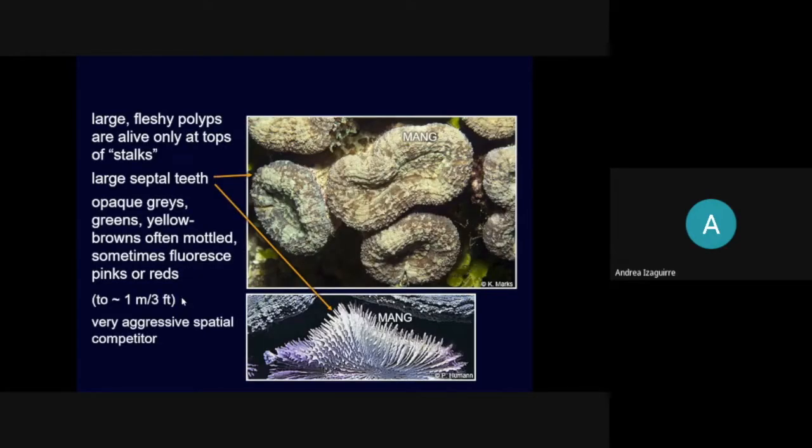Okay, now we are going to look at our Mycetophyllia... our Mussa angulosa, or our MANG. I always want to say mango for this one. This one is going to be kind of like a bouquet of corals, because it looks like a lot of those mushroom corals that we just saw, the Scolymias, but a lot of them.